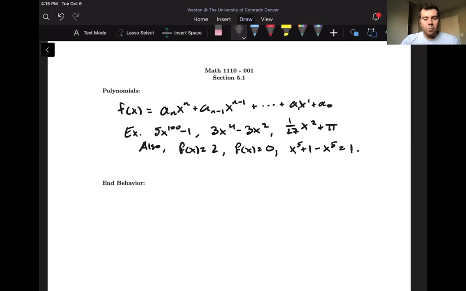So in 4.3, we did maximums with quadratics and minimums with quadratics. It's going to be tough for us to do maximums or minimums with polynomials of higher degree. That's actually a subject that's usually reserved for calculus. But in this class, we'll talk about end behavior for general polynomials and roots for general polynomials.